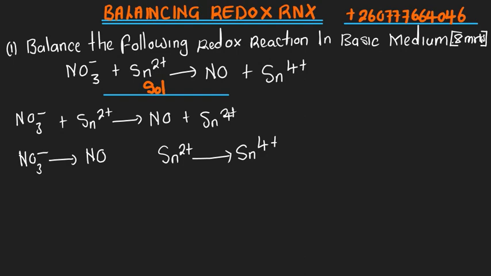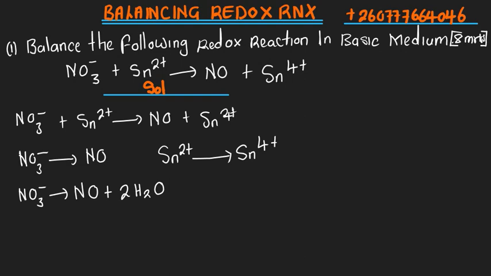Remember that we've got 3 oxygen this side. The other end, we only have 1 oxygen. So because we only have 1 oxygen, we are going to add 2 water molecules. We balance oxygen using water molecules. Notice that oxygen is balanced now.